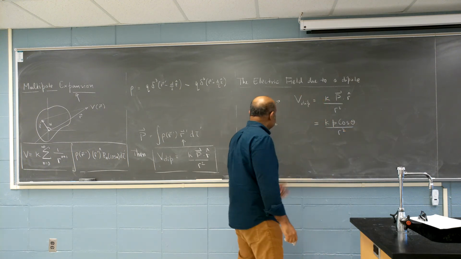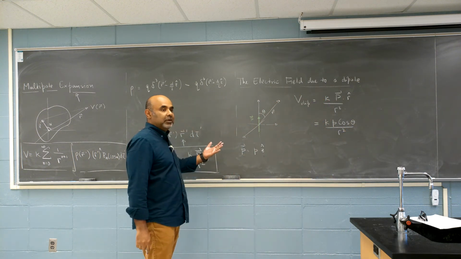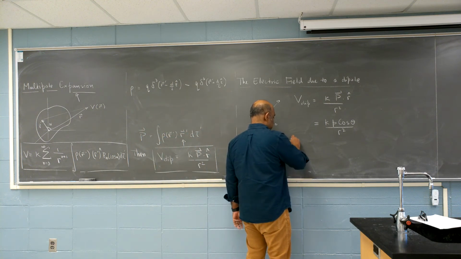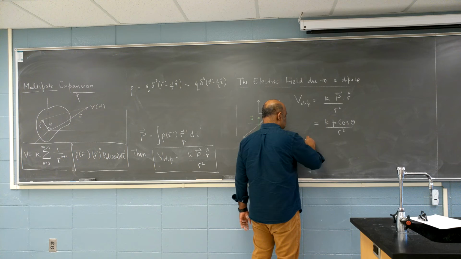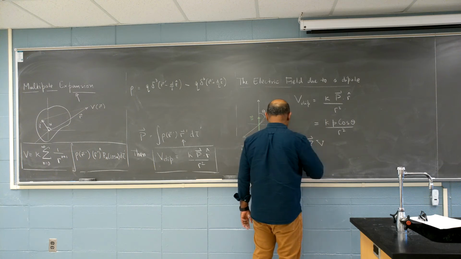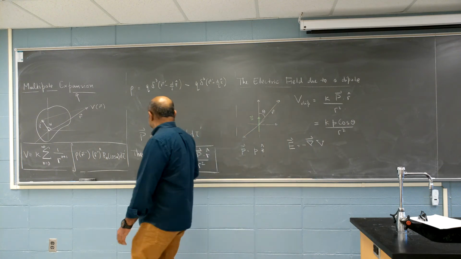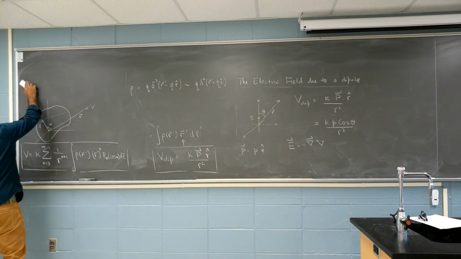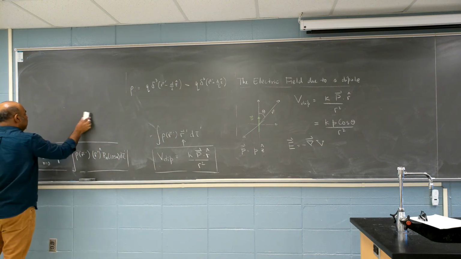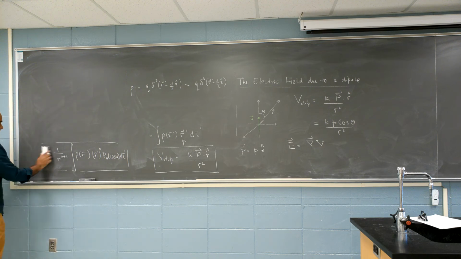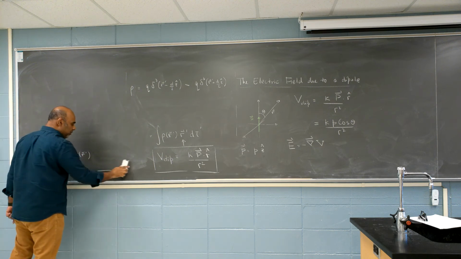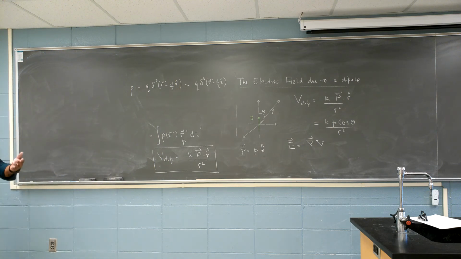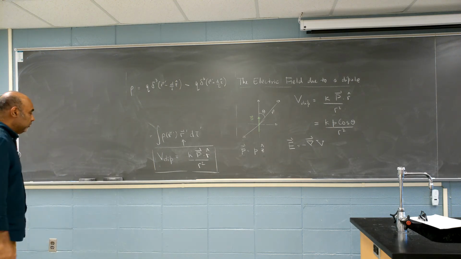So when I say electric field, what do I need to find? Very good. Negative gradient. The gradient will have three components: the R component, theta component, and phi component. The geometry looks very axisymmetric, so I don't expect a phi component of the electric field.